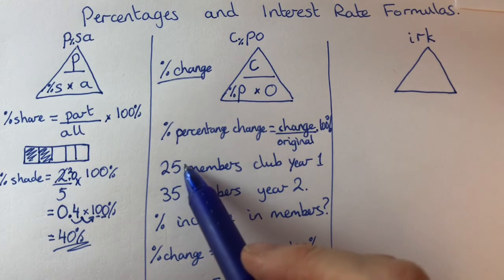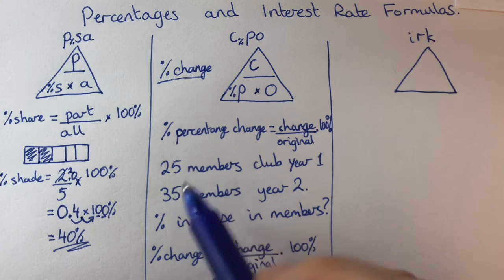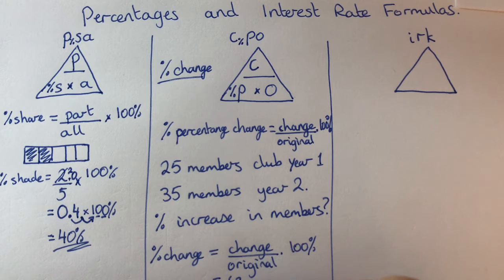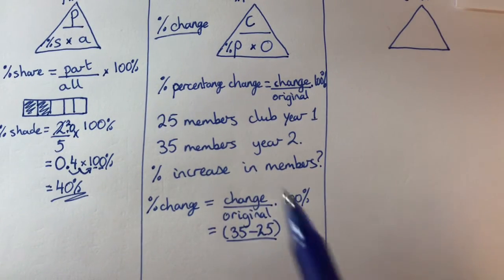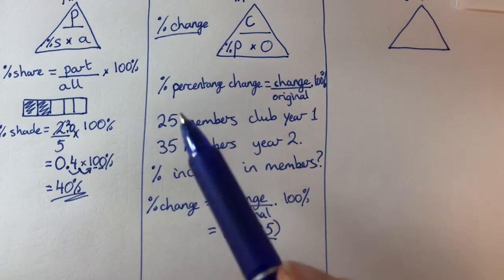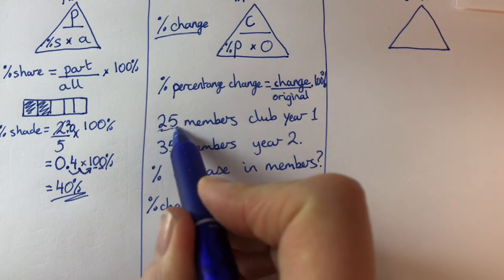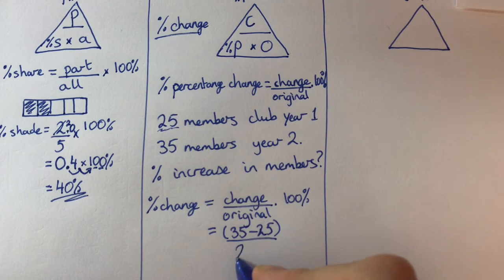The change in members, well, we went from 25 to 35, so that we're looking for the difference here. 35 minus 25 divided by the original, which is what we had from the beginning, and we had 25 from the beginning. So here you always have to think of what were we supposed to compare it with. Whatever we were supposed to compare it with is the number that goes on the bottom.